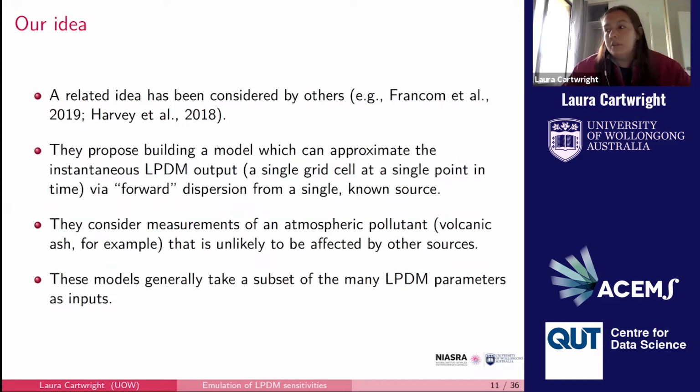For example, if a volcano erupts and you're modeling the volcanic ash, it's not going to be affected, hopefully, by another volcano. It's just going to be that one. The way they have done this in the past is they take an important subset of all the parameters that the Lagrangian model involves and get an approximation that way, which is fine. It totally works for what they're doing.